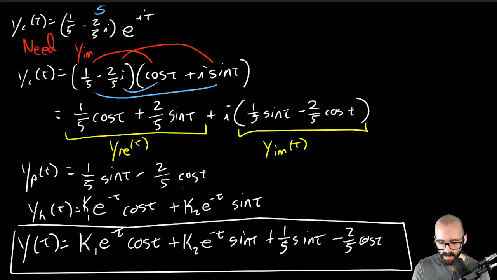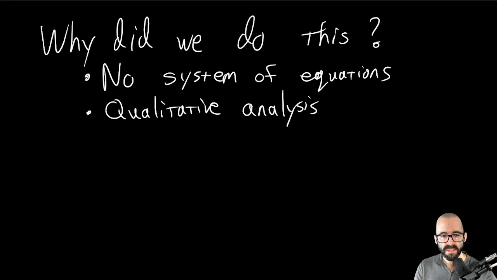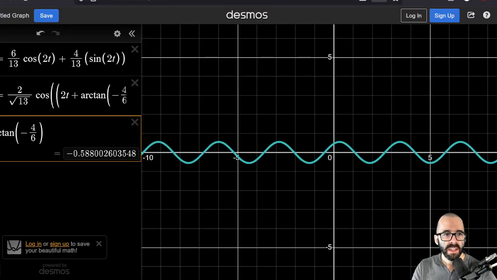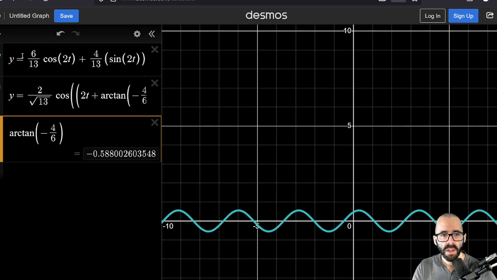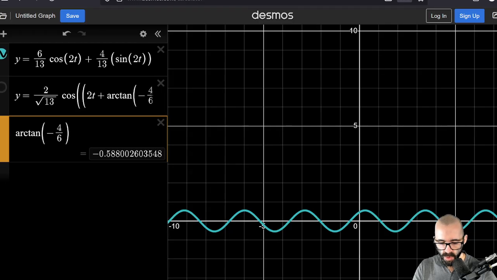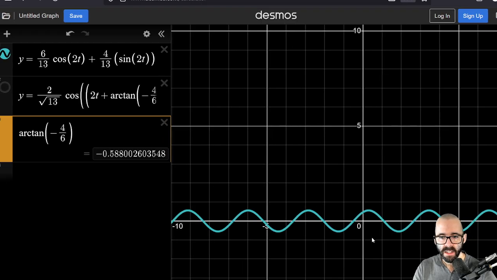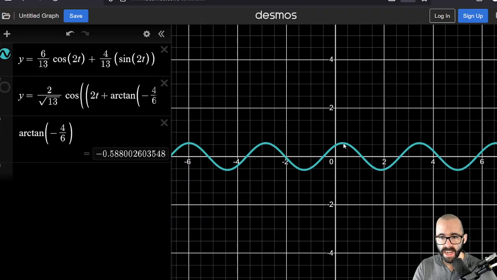But we're going to be able to do some really cool things, because again, if you look at what this function really is, and this is a slightly different function, but if you have a cosine function plus a sine function, the graph of that is just a sine function or just a cosine function, right?